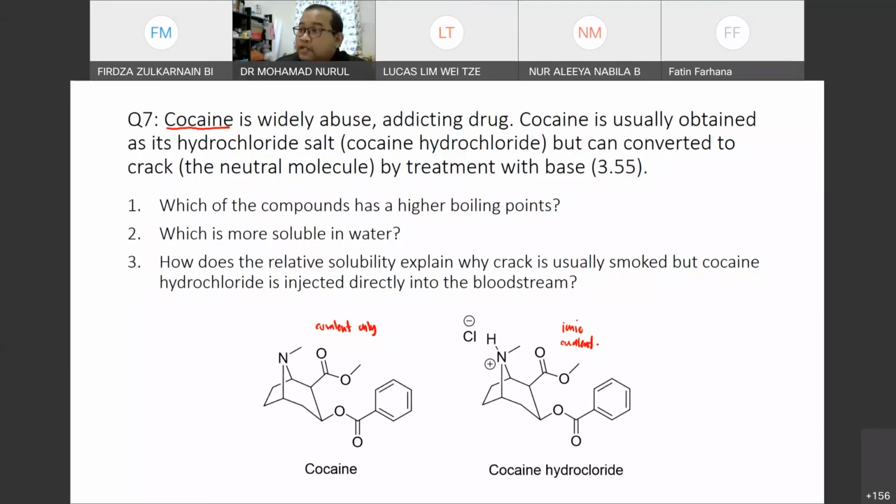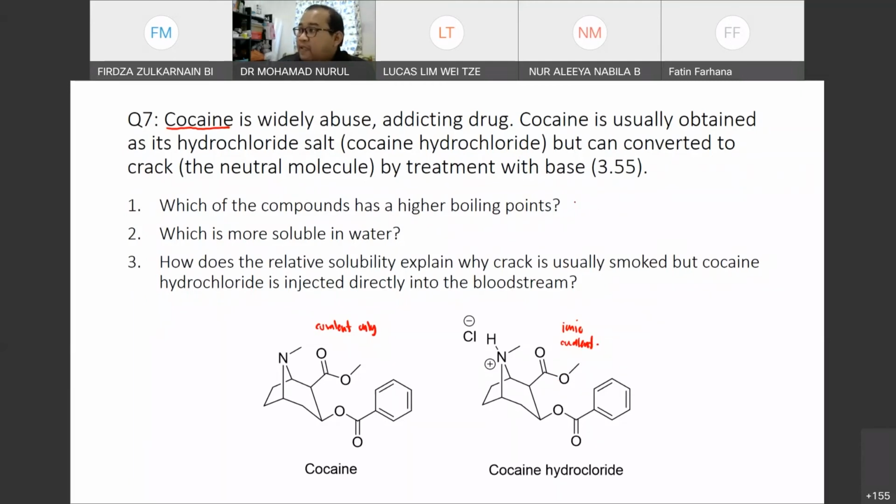In these two, they have ionic and covalent bonds for cocaine hydrochloride, so it will make cocaine hydrochloride have a higher melting point and higher boiling point.